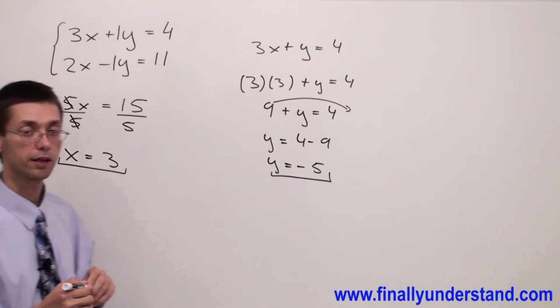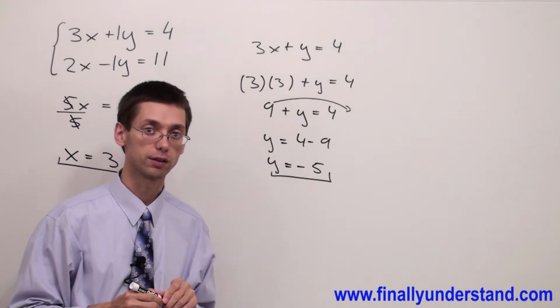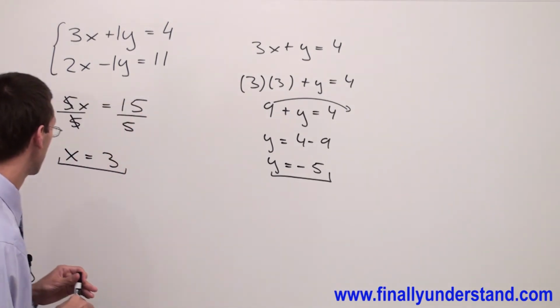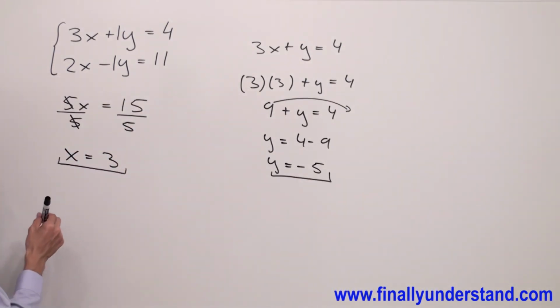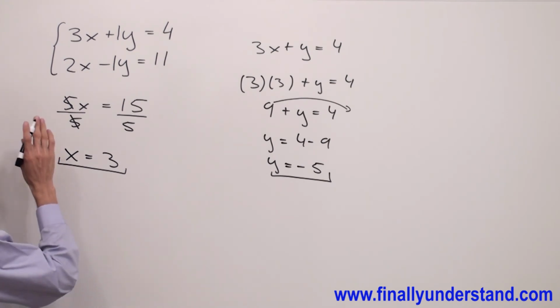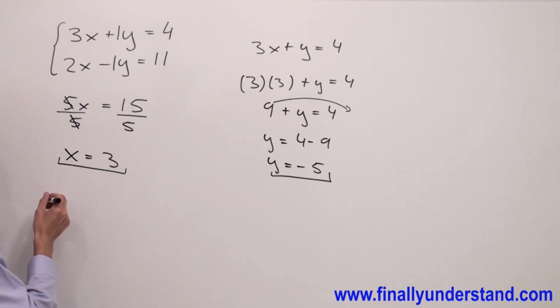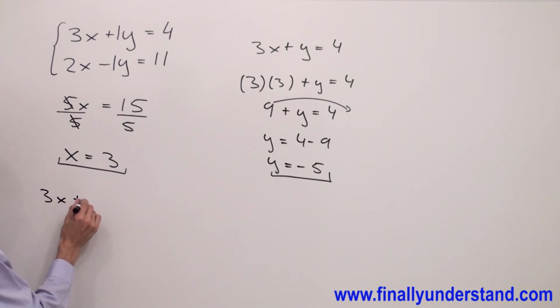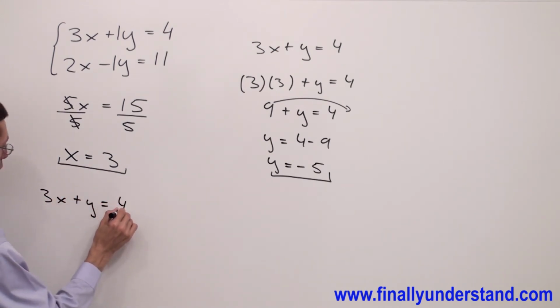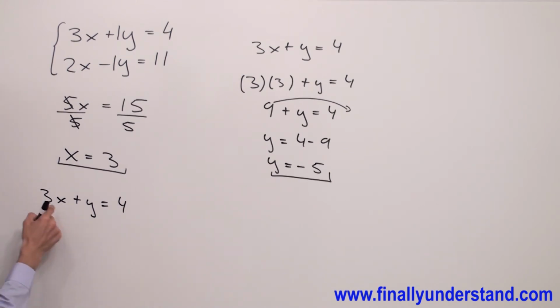Now let's check if we found the correct values for the x coordinate and the y coordinate. You're supposed to take, let's say, the first equation, 3x plus y is equal to 4, and replace x by 3 and y by negative 5.